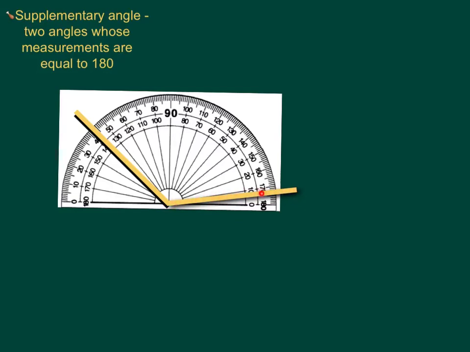The base means the bottom line, okay? And that baseline, I need to line it up with the 0 right here. Notice it says 0 or 180. But because we are starting with the baseline, it's going to be 0. So I will refer to this line as my baseline. So I'm going to rotate my protractor now so that my baseline is at 0.